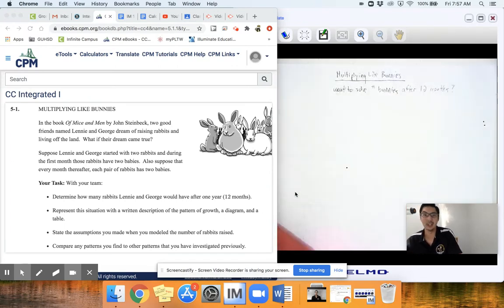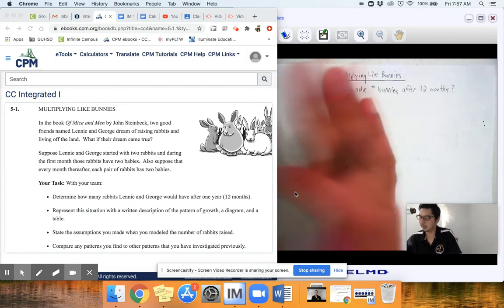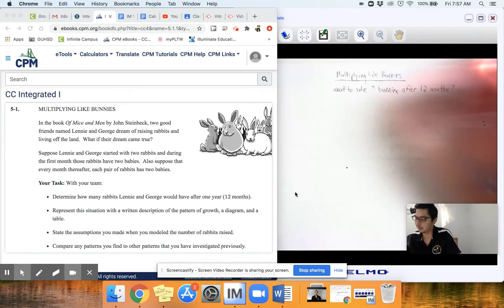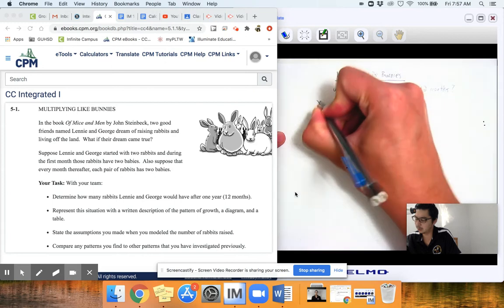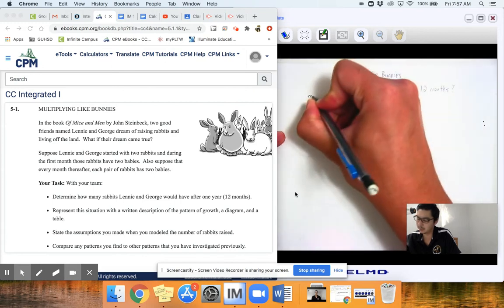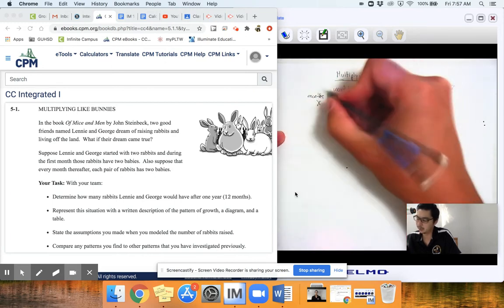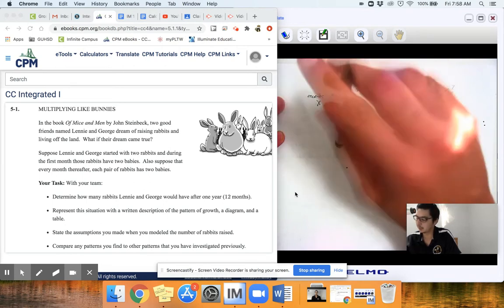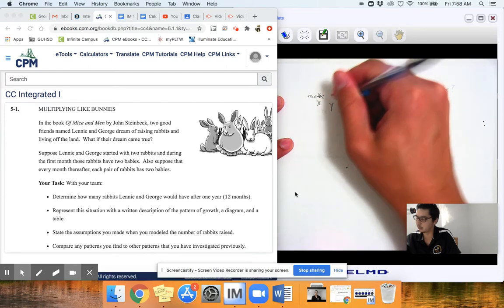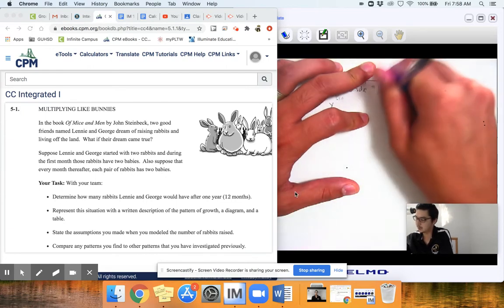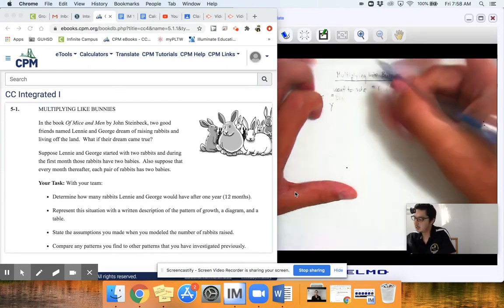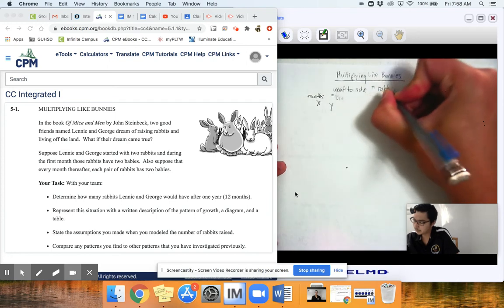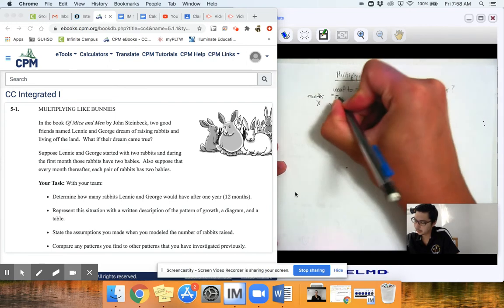I know the English there isn't too good, but you get the main idea. So let's make a table of this really quick. Let's call it a table XY, where X will be months, and Y will be the number of rabbits. Sorry, I keep saying bunnies. Let's use the actual word there: rabbits.